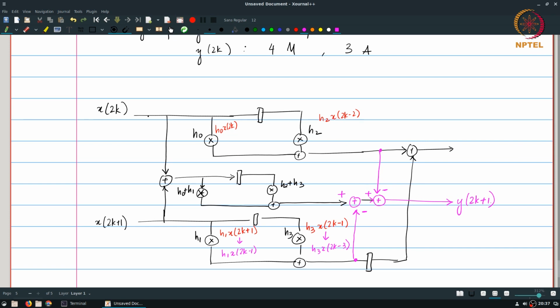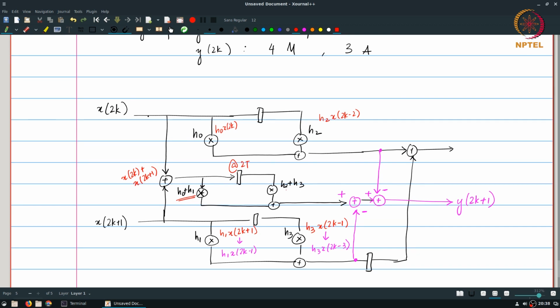How does that come about? Effectively, what we have over here is x of 2k plus x of 2k plus 1 multiplied by h0 plus h1, delay at the sample rate of 2t, or the slower time period, which will basically give us this h0 plus h1 multiplied by x of 2k plus x of 2k plus 1 shifted by one sample period, which is x of 2k minus 2 and x of 2k minus 1.